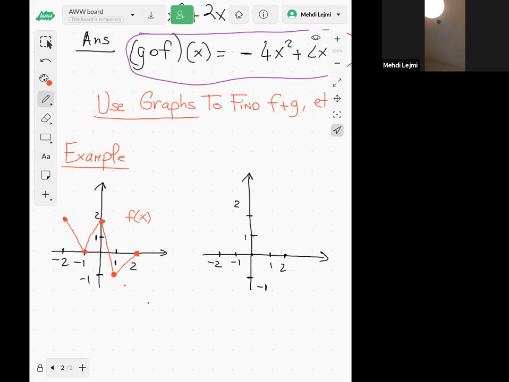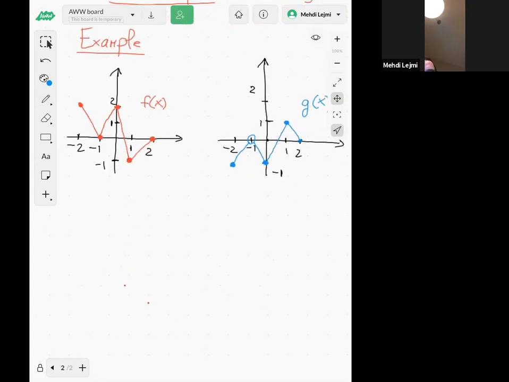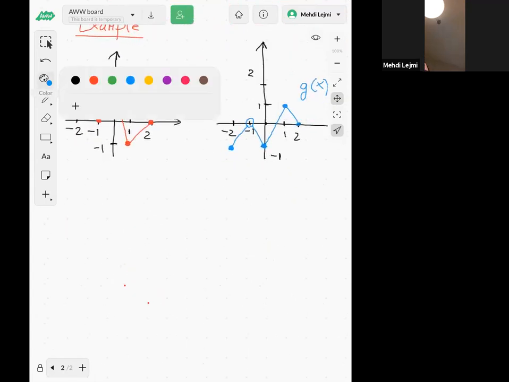Now I have another function g of x. My function g is the following. So this is g of x. Now let's say you want to find something.